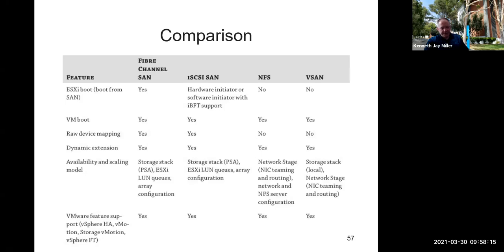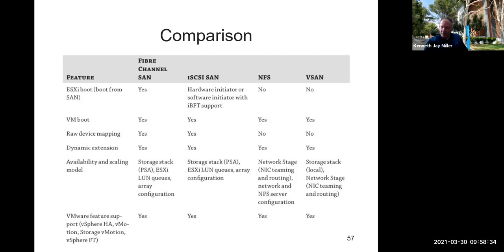So we'll wrap this section up by talking about a comparison. Can ESXi boot using fiber channel, using your fiber channel connection for your SAN? The answer is yes. Can it use iSCSI?